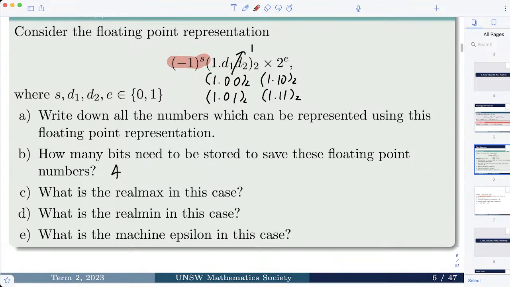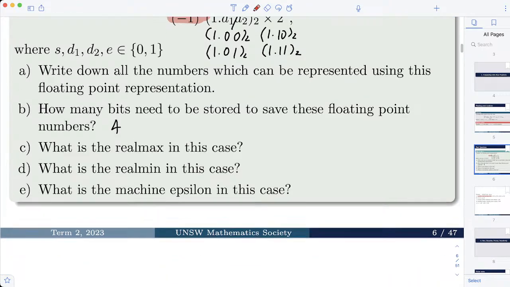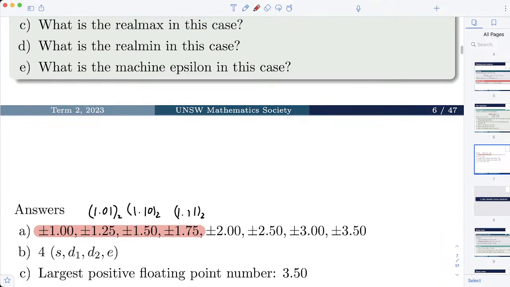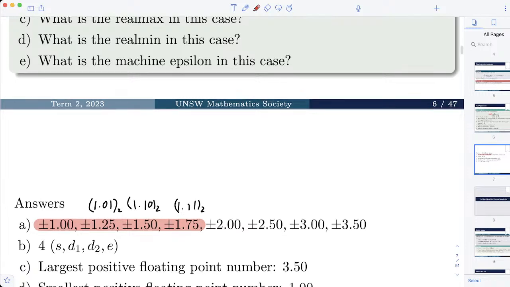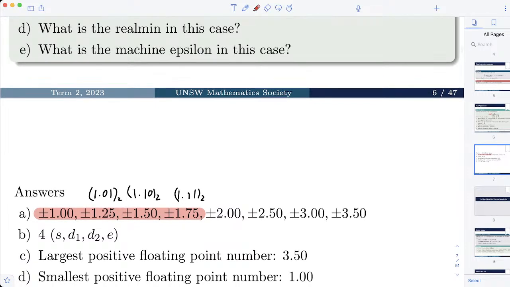Okay, what's the real max in this case? Well, real max is defined as the largest positive floating point number. So it's just going to be 3.5. And real min is the smallest positive floating point number. So it's just 1 in this case.